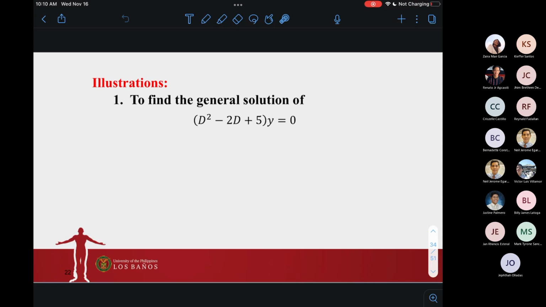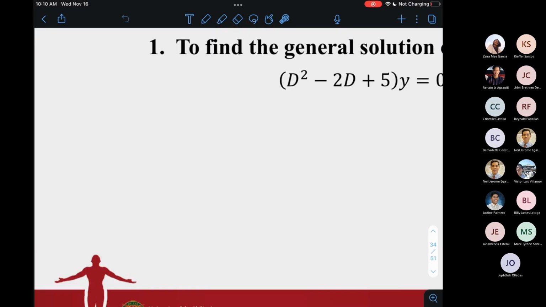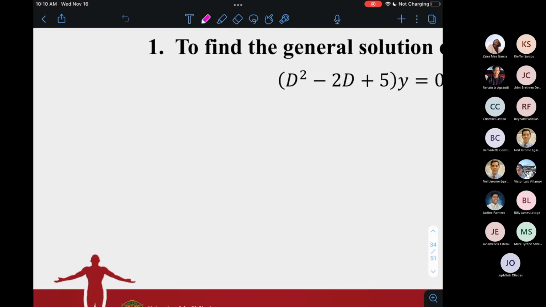But I hope the first two cases are clear to you. Okay? I hope it's clear. So now let's look. Again, when you have a homogeneous GLDE, you need to take the auxiliary equation or the characteristic polynomial. So now I'm shifting between characteristic polynomial and auxiliary polynomial. They are all the same thing.